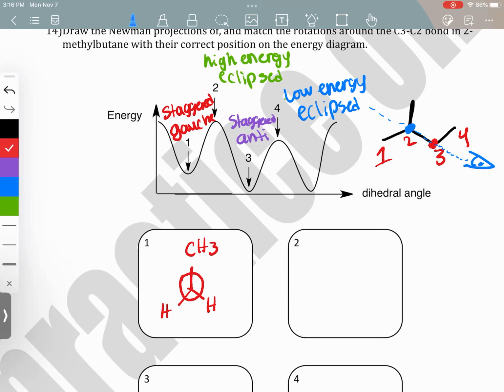So if it's a gauche conformation, where are the 2 methyls going to be? Near each other. Right. Since the CH3 on the first carbon is upwards, CH3, CH3, and the hydrogen will be down here. This is the staggered gauche conformation for 1.